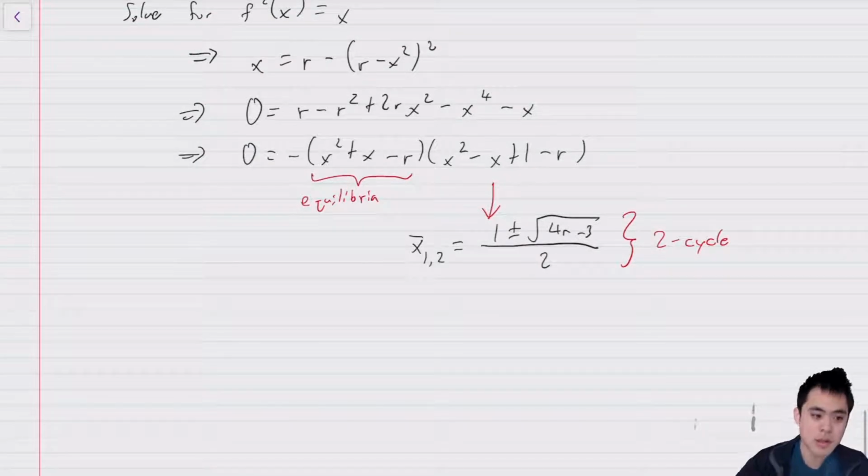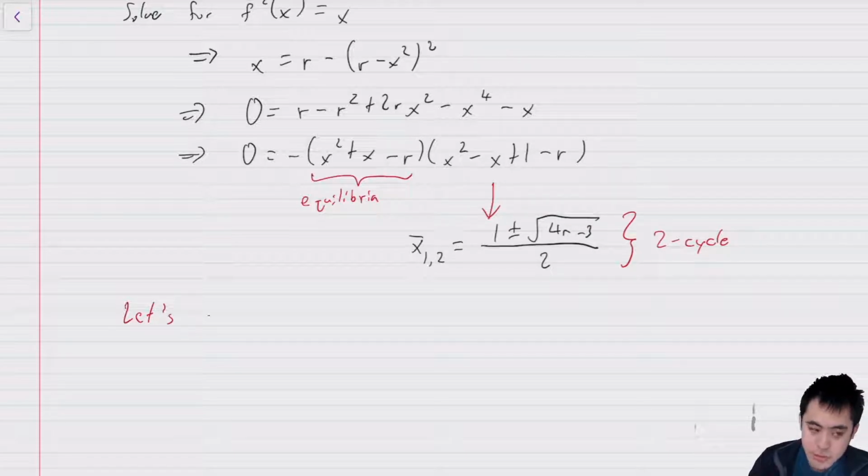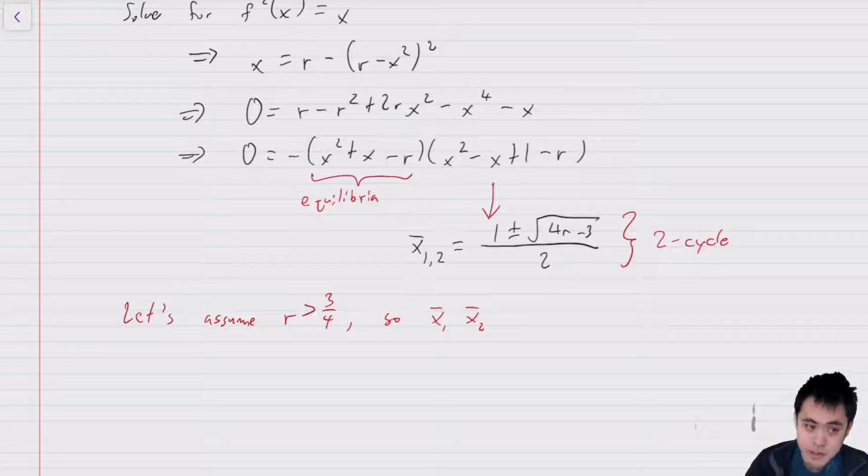This is only real when r is greater than 3/4. So we need r to be greater than 3/4 for this to be a real periodic solution. So let's assume that.